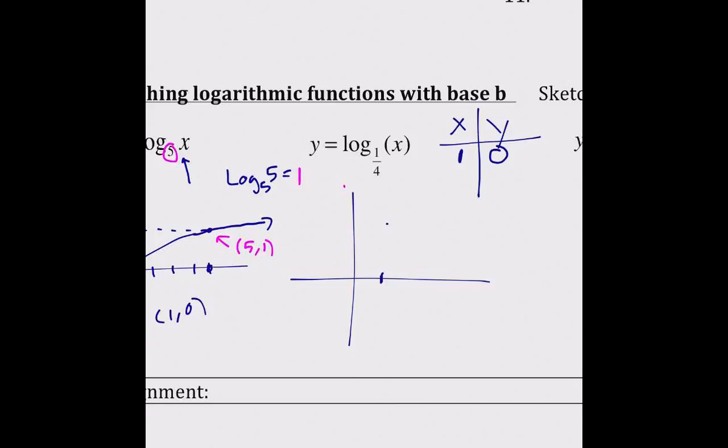Another easy point we could put in there, remember 1/4? If you put in the same number as your base, so if I put 1/4 in here, that's asking 1/4 to what power gives me 1/4, and it has to be the first power. Y would have to be 1. So if I go to 1/4, which is right in here somewhere-ish, I'm going to hit a height of 1.